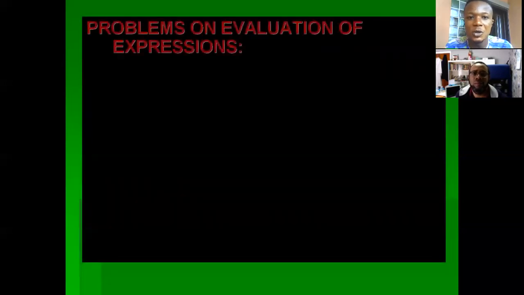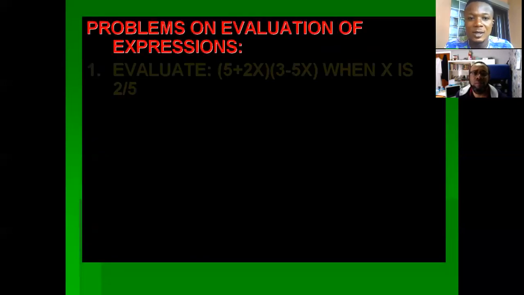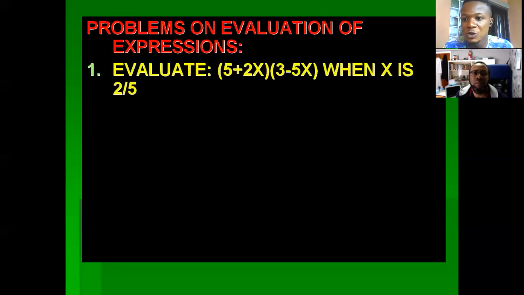In this slide, you can see one of the problems I saw in what you sent to me, where we are asked to evaluate 5 plus 2x. You can see that 5 plus 2x is an expression because it has a number and a term. And it's multiplying another expression, which is 3 minus 5x.